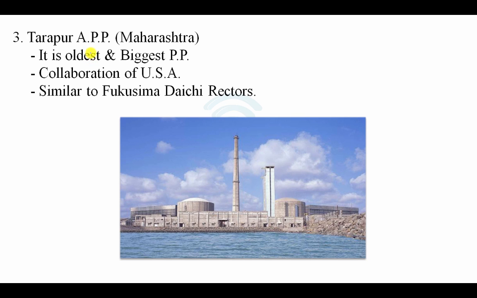Third, Tarapur atomic power plant. It is in Maharashtra, and it is the biggest and the oldest power plant. It is the biggest power plant of India, and it is made with the collaboration of the USA, and it is similar to the Fukushima Daiichi reactor. Fukushima Daiichi reactor is in Japan on Honshu Island.